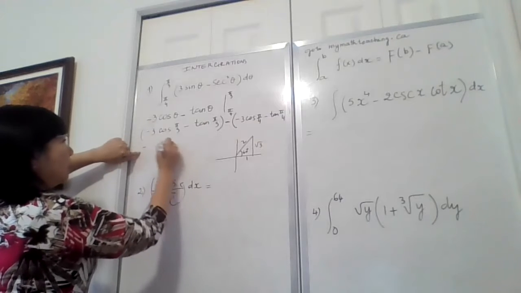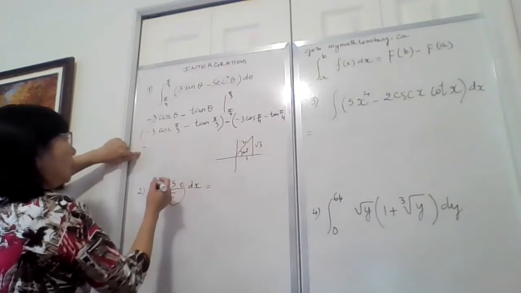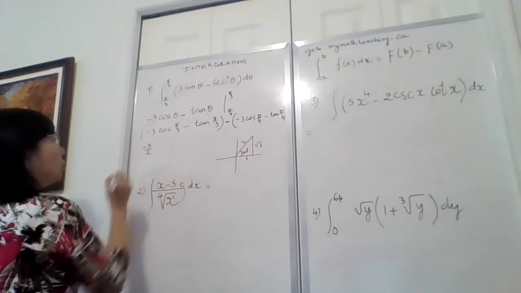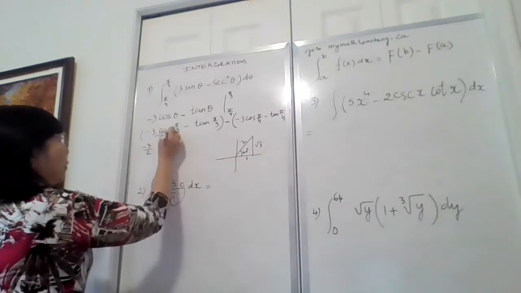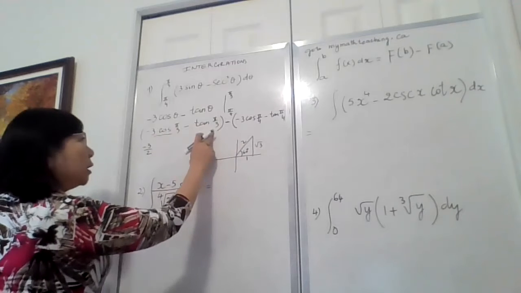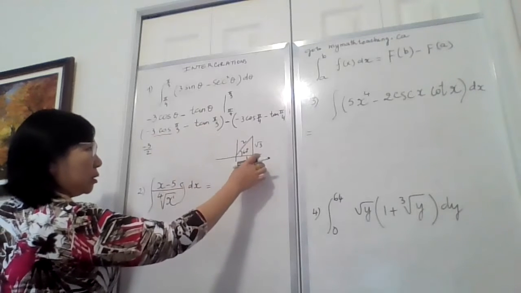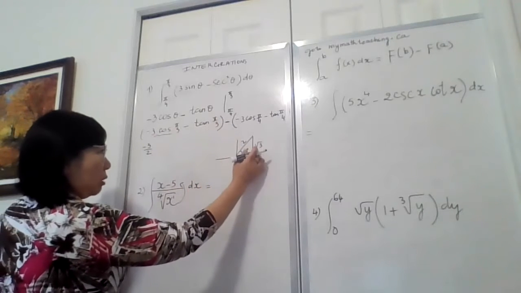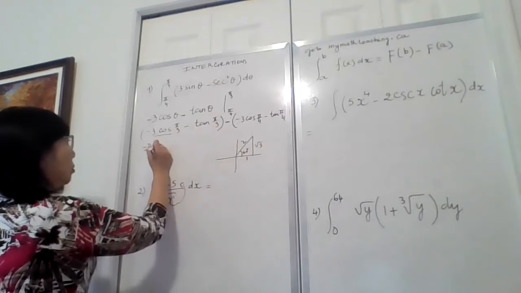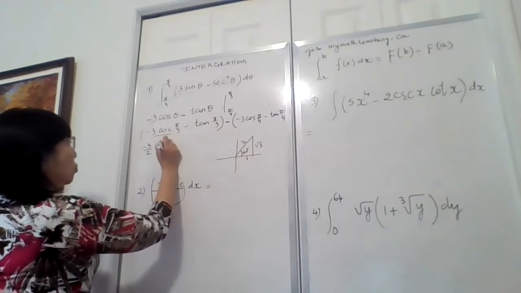So minus 3 times 1 over 2, which is minus 3 over 2. And so we have evaluated that. Now we go for this one. Tan of pi over 3 is opposite over adjacent. So our opposite is square root 3, adjacent is 1. So minus square root 3.